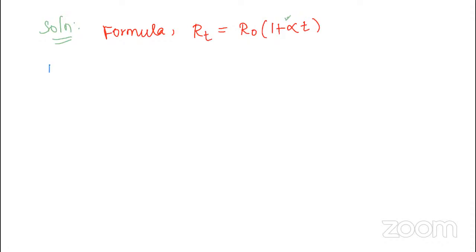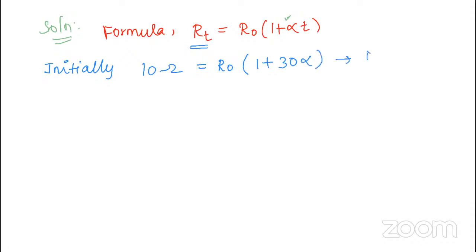Initially they have provided the value of R_T, which is 10 ohm, equal to R naught, whose value is not given, so write it as it is, into 1 plus alpha into 30, since the temperature is 30 degree. So this is our first equation.